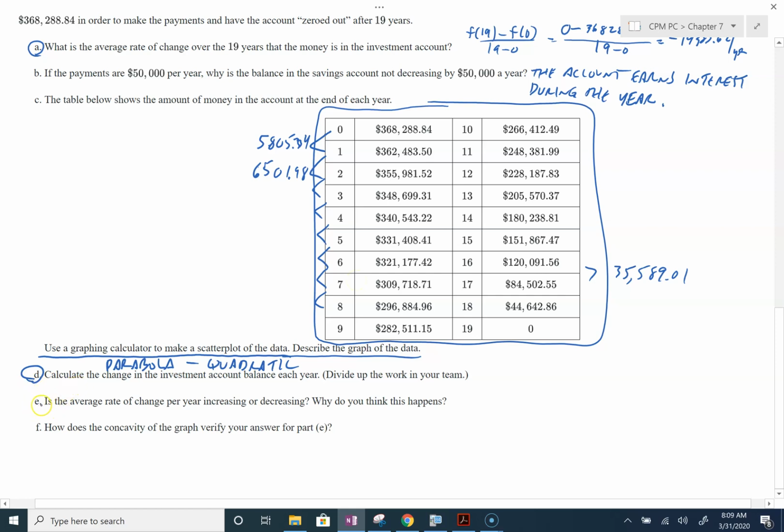Part E, is the average rate of change per year increasing or decreasing? The change is becoming more and more negative each year. So that means if it's becoming more negative, it is going to be decreasing.